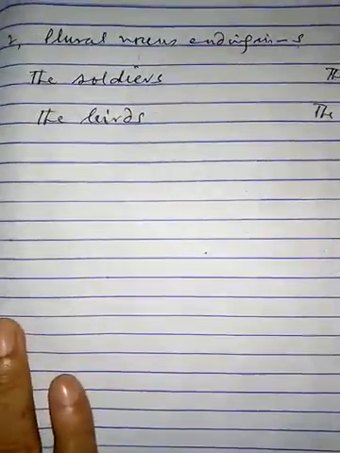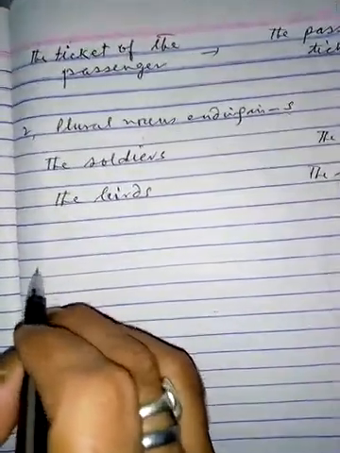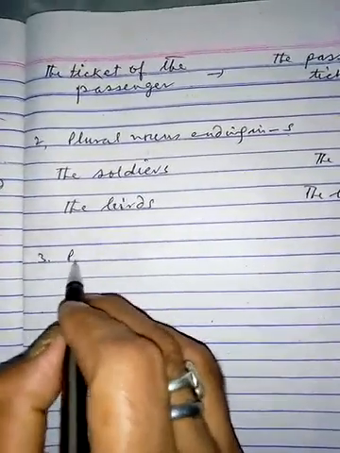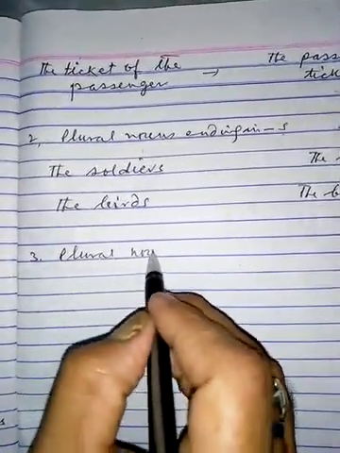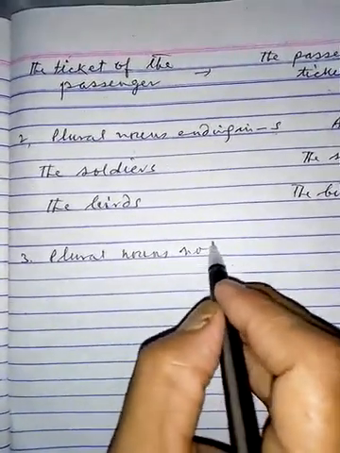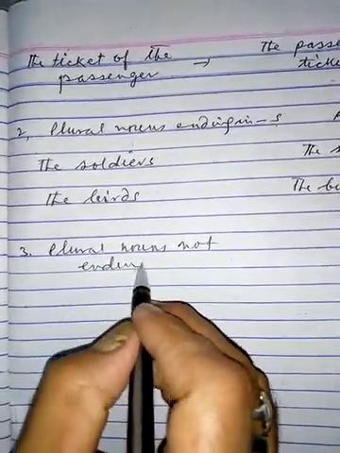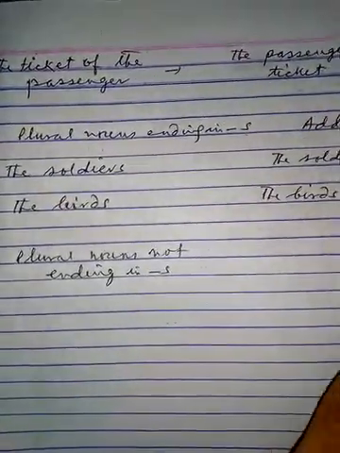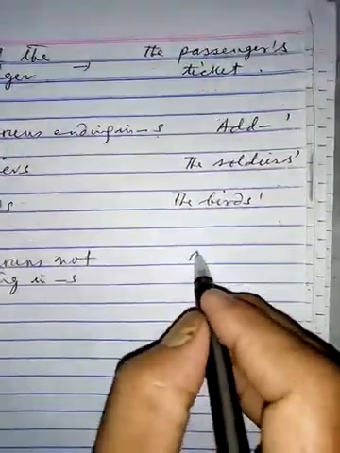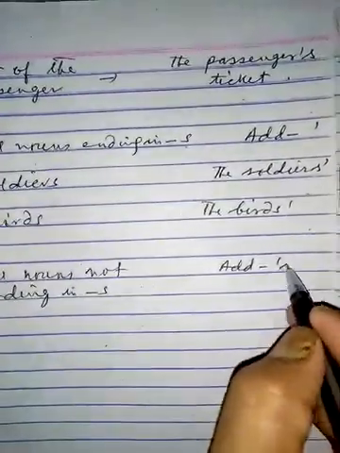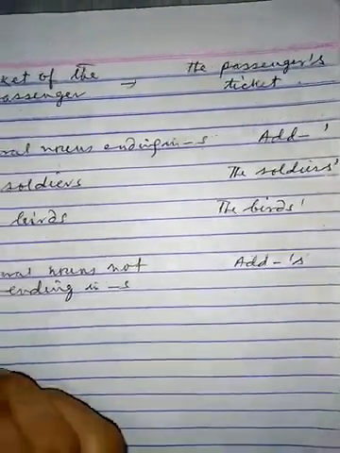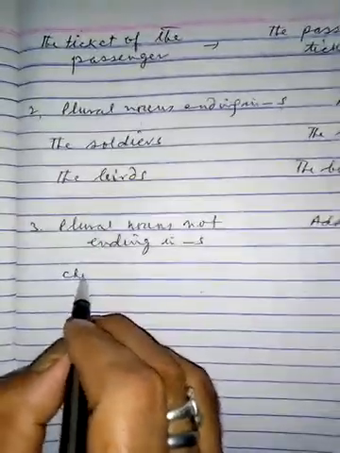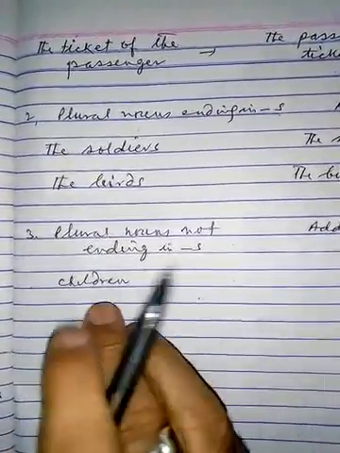Some plural nouns are not ending in S. Question number 3. Plural nouns not ending in S. In that case, apostrophe S will be added. Example, children. Plural number.